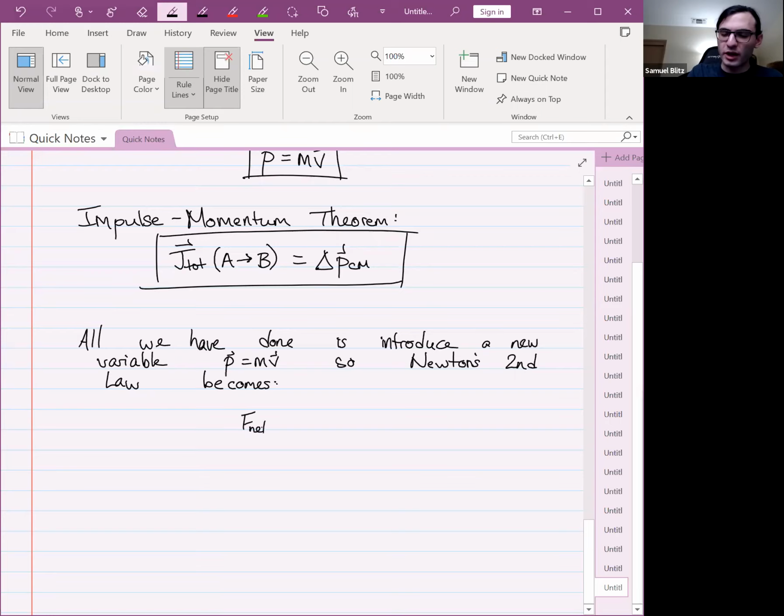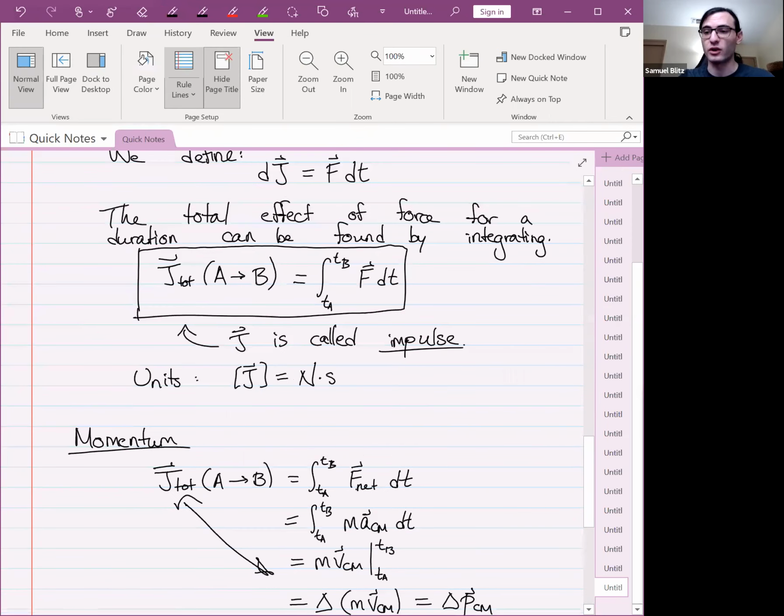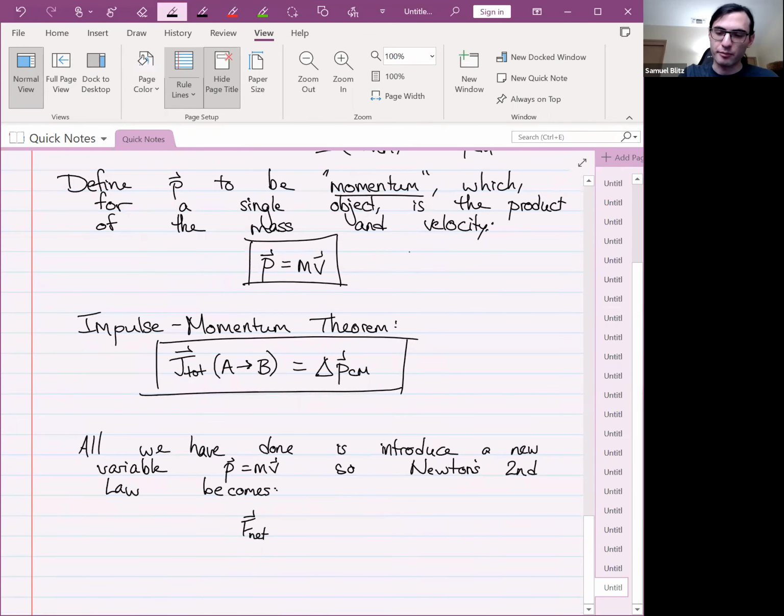if we just replace v with p over m. What is the unit of momentum? It's the same as the unit for impulse. It is kilograms times meters per second. It has the units of mass times velocity. And this could also be written as Newton seconds. Either one's fine.